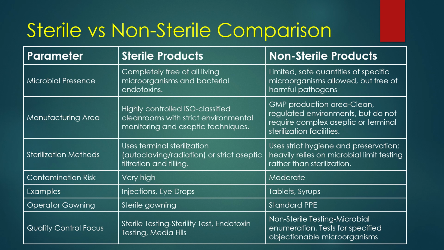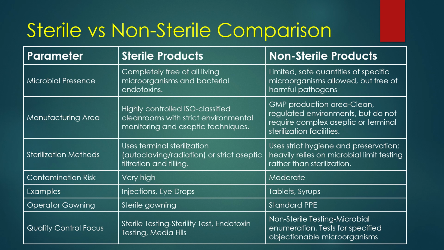or terminal sterilization facilities. Sterile manufacturing uses terminal sterilization methods such as autoclaving or radiation or follows strict aseptic filtration and filling processes, while non-sterile manufacturing relies on strict hygiene, preservation methods and microbial limit testing rather than sterilization.